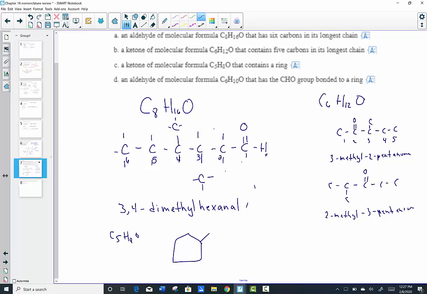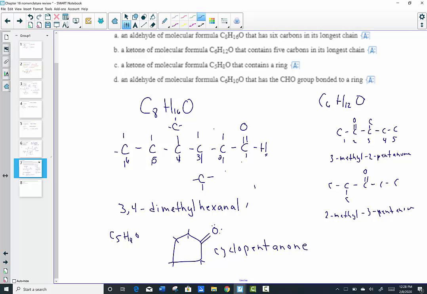And to make a ketone, this is just called cyclopentanone. Here we have 1, 2, 3, 4, 5, 6, 7, 8 hydrogens. All the octets have been satisfied.